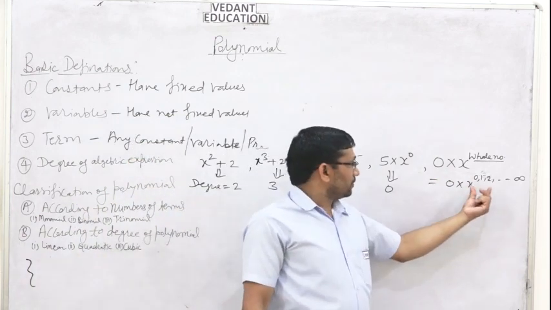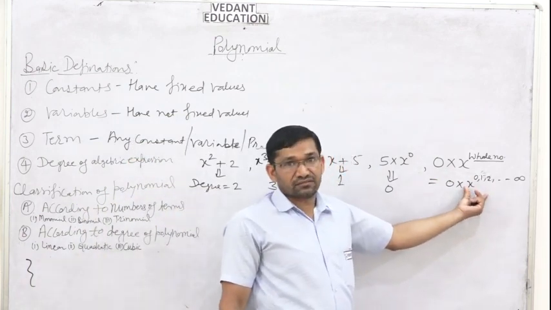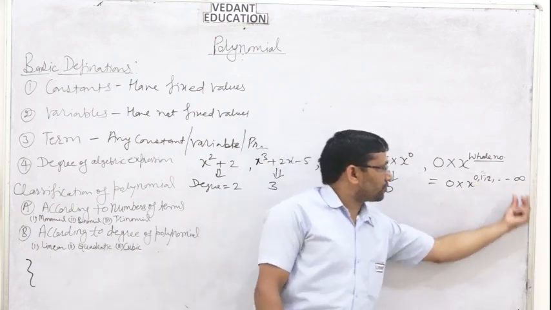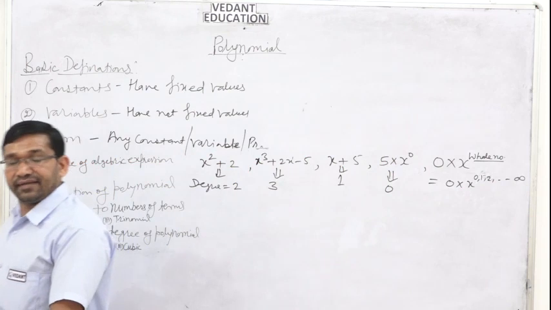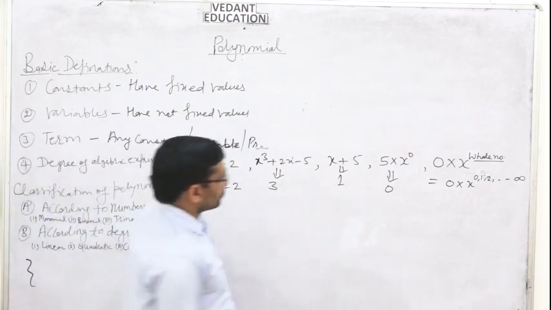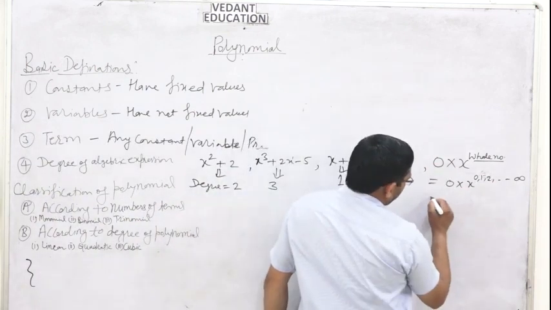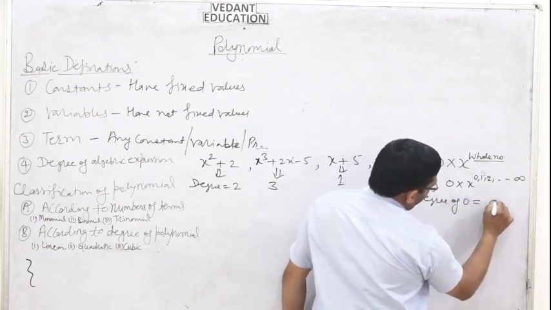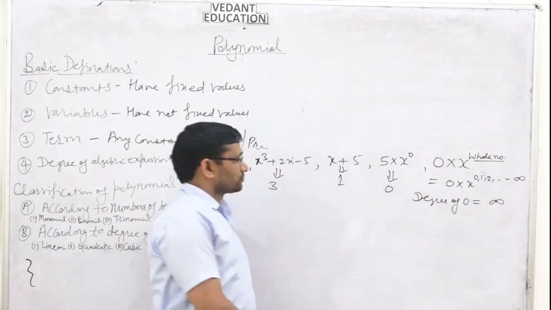We see the highest power of x. The minimum power of x is 0 and the highest power of x is infinity. So the degree of 0 is infinity.